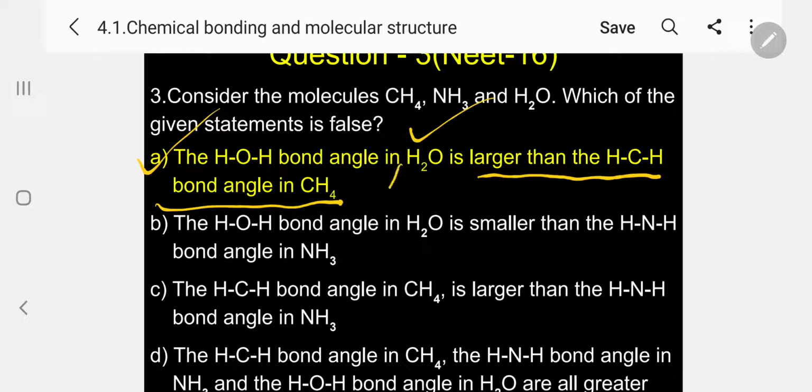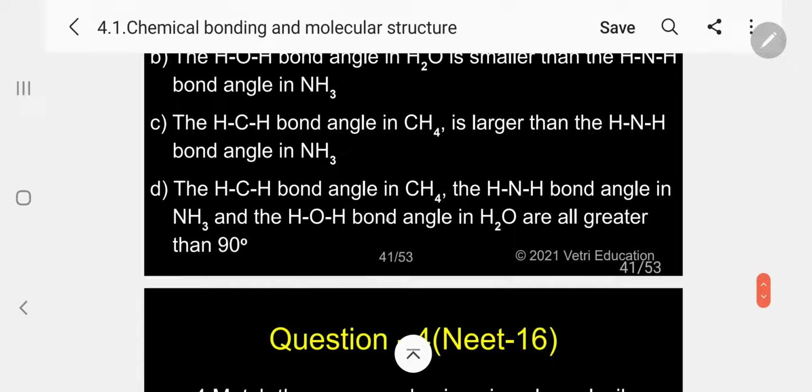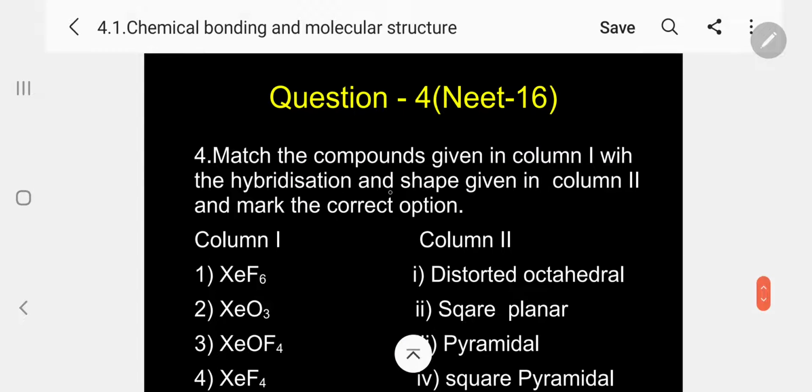No, it is false, because methane is tetrahedral with 109.28 and water is 105. So this statement is wrong. Very easy to predict, provided you know how to work it out.